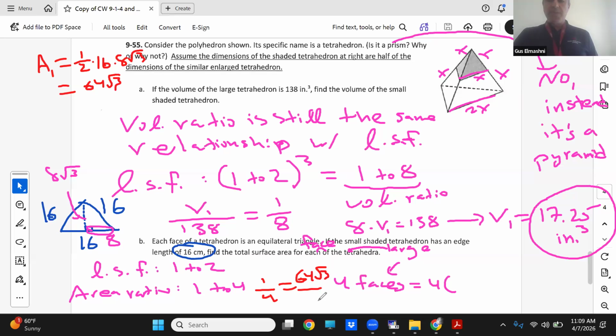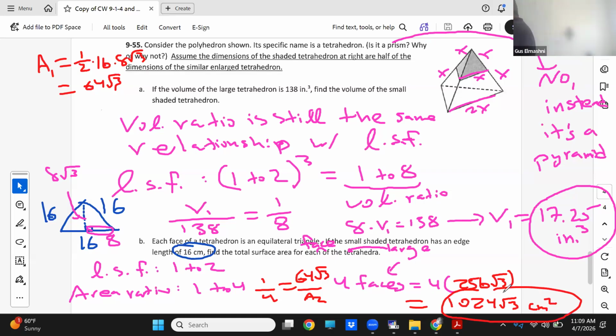My apologies. I thought it was 16. So that's going to be 256 root 3. And you have 4 of them. So it comes to 1024 root 3 square centimeters.